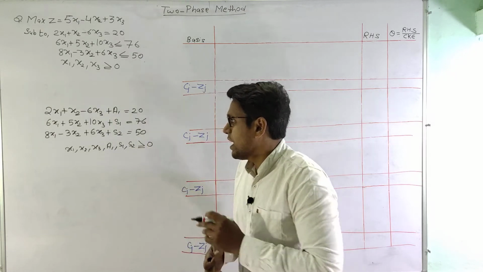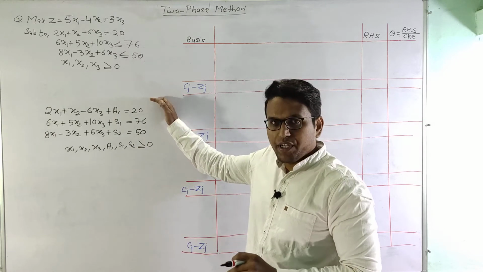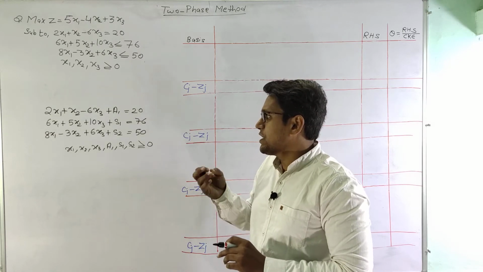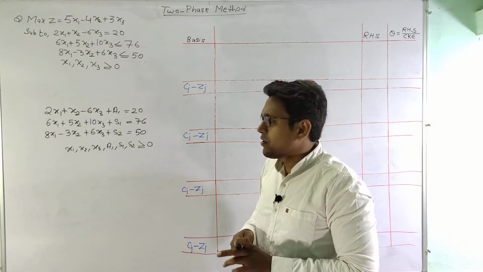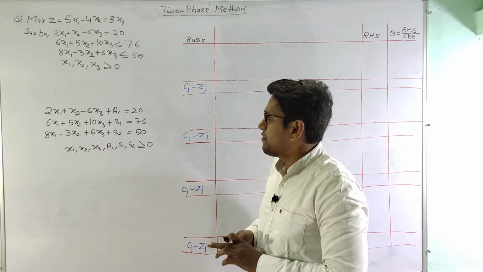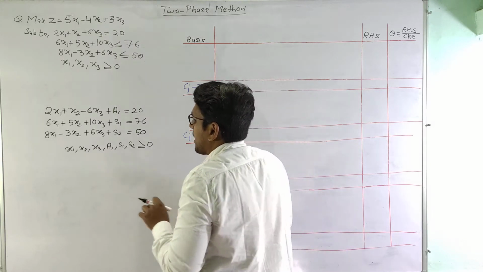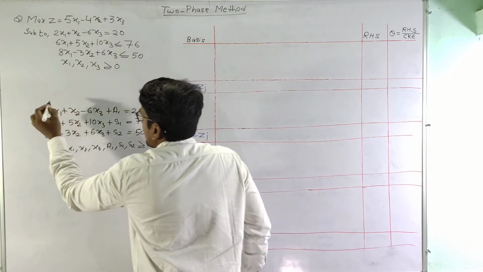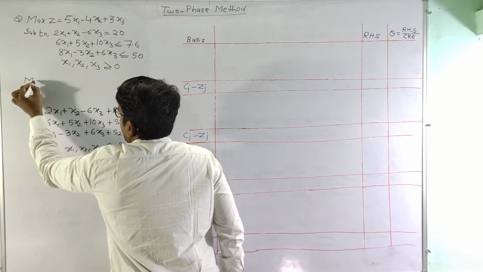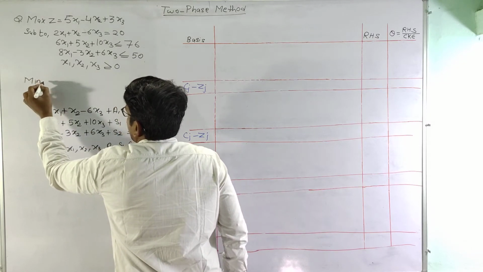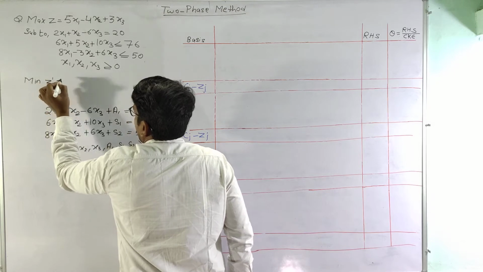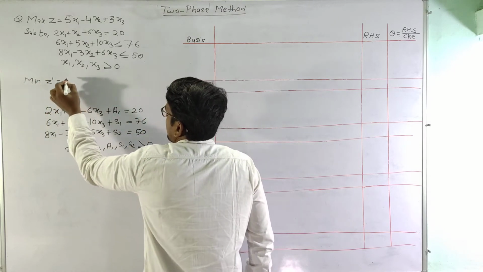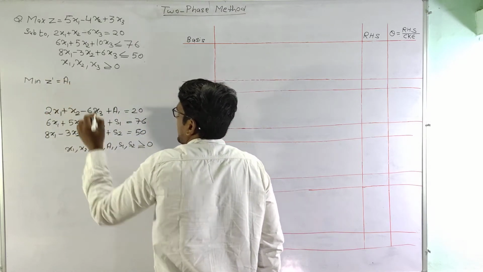Now we have seen that to solve the first phase we need to find an artificial objective function. The artificial objective function here will be to minimize the artificial variable: minimize z dash equal to a1.